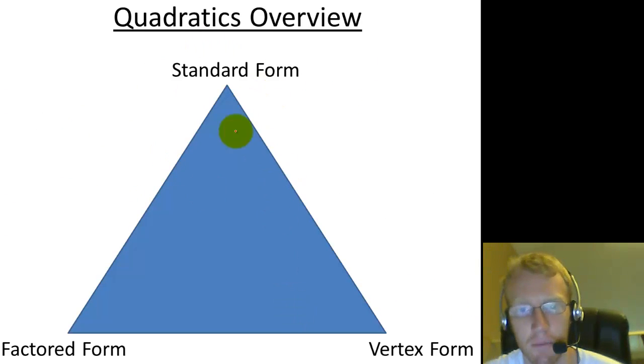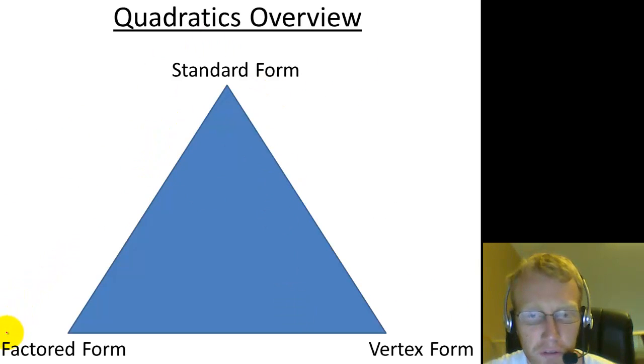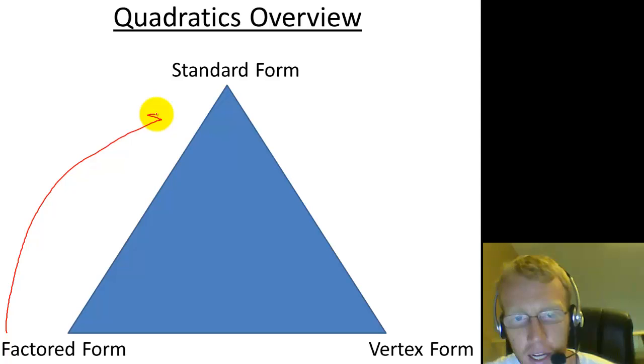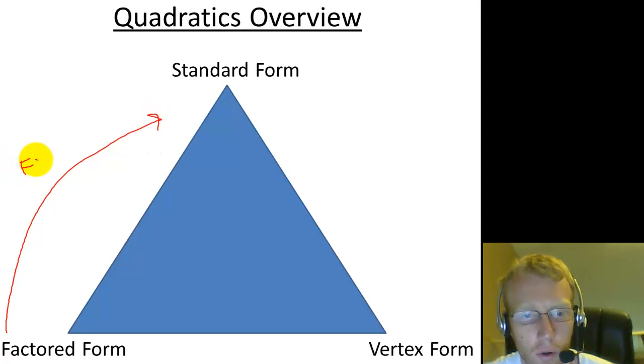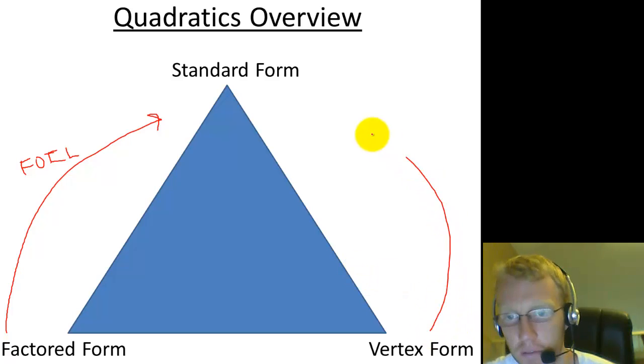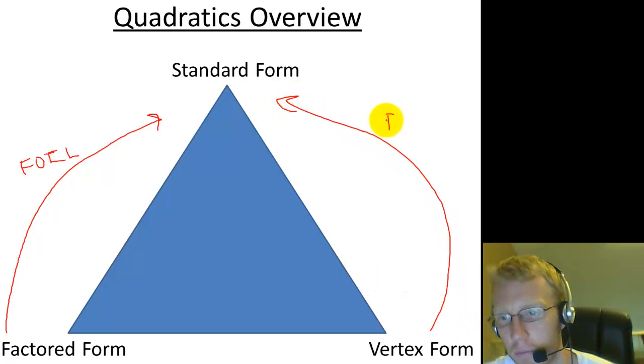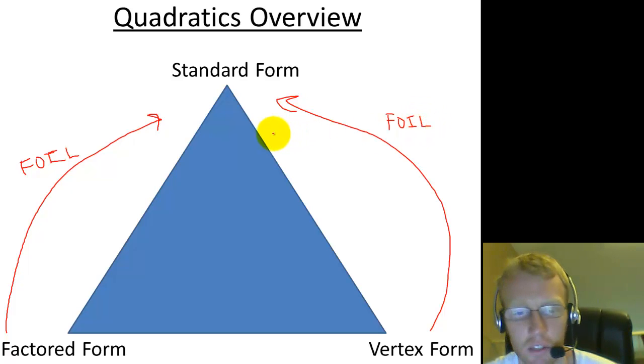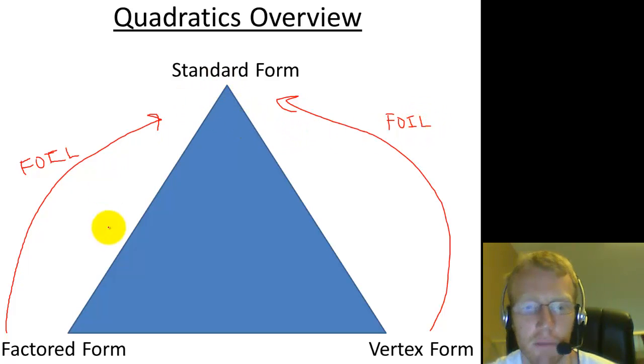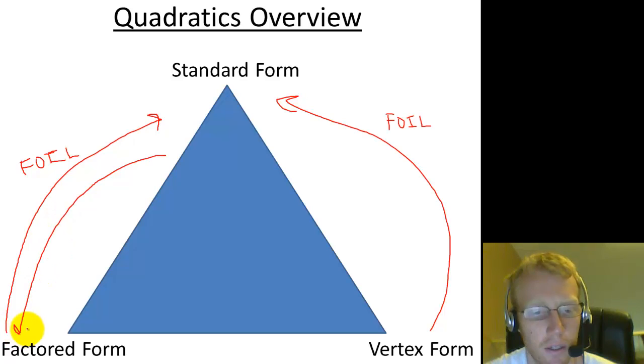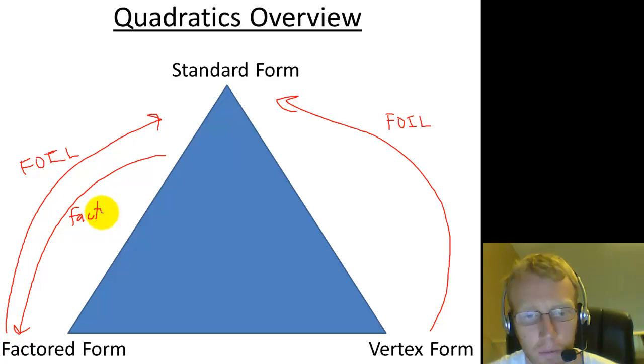Okay, here's the same thing, just pictorially. To go from factored form to standard form, you want to FOIL. Or to go from vertex form to standard form, you want to FOIL. Those are, in my opinion, the easier ones. To go from standard backwards to factored, you want to factor it, hence the name factored form.